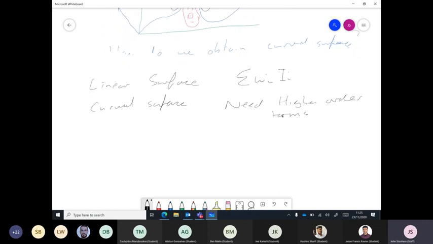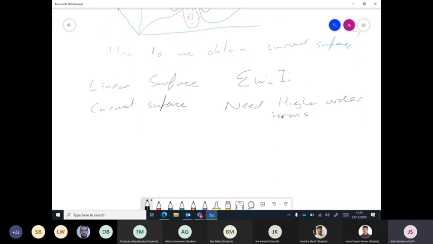So if a linear system is a first order, go for second order. And this is often referred to as a quadric machine.